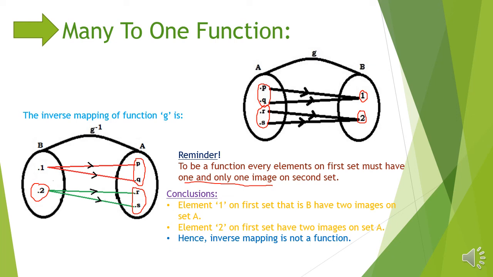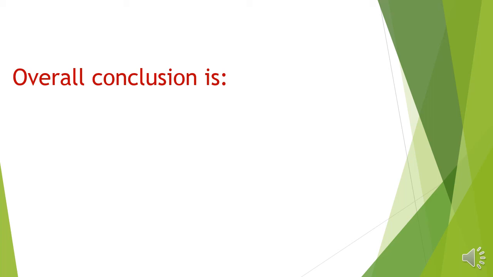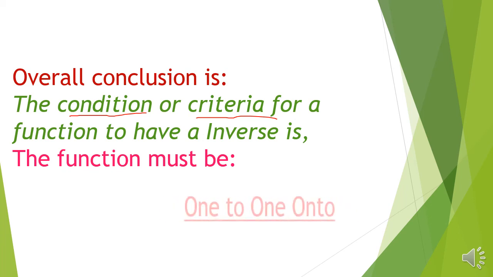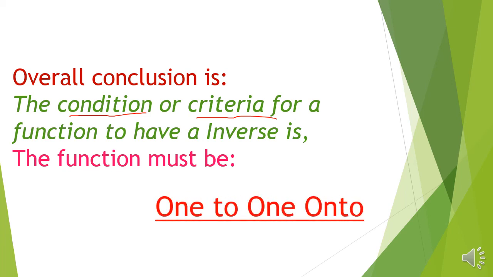Out of 5 types we did, only in one type, the 1 to 1 onto function, does inverse exist. So our grand conclusion, the overall conclusion, is that the criterion for a function to have an inverse is that the function must be 1 to 1 onto, isn't it?